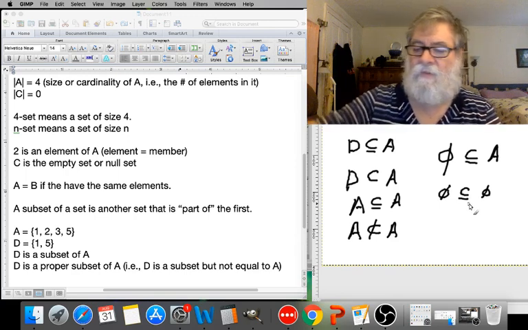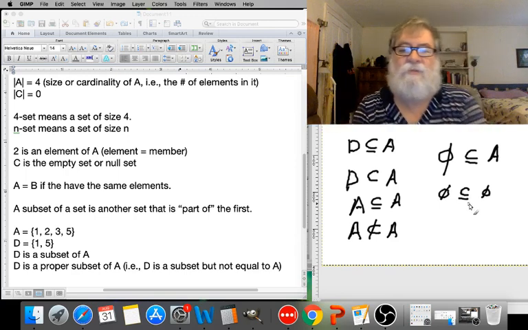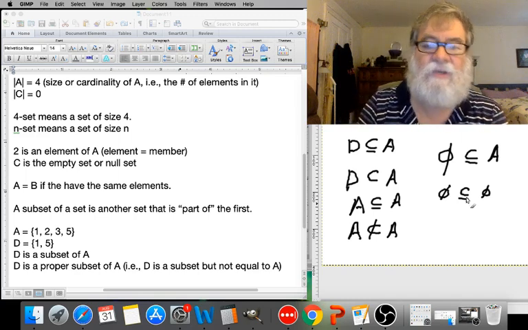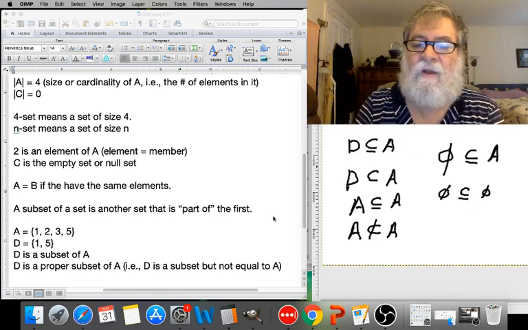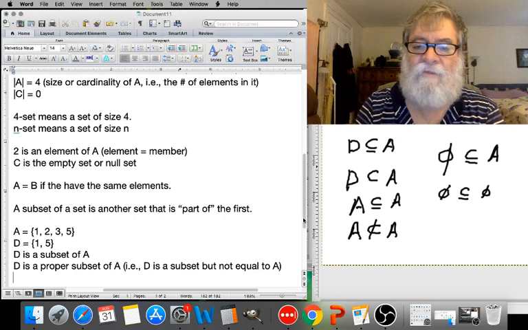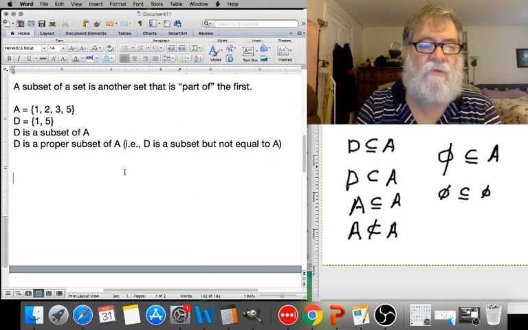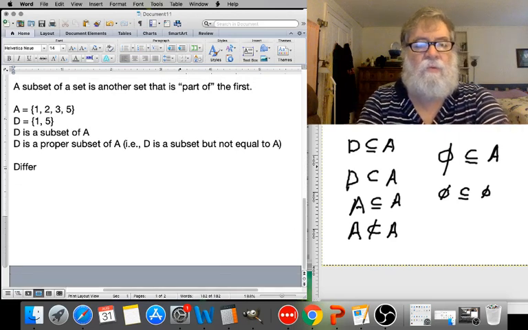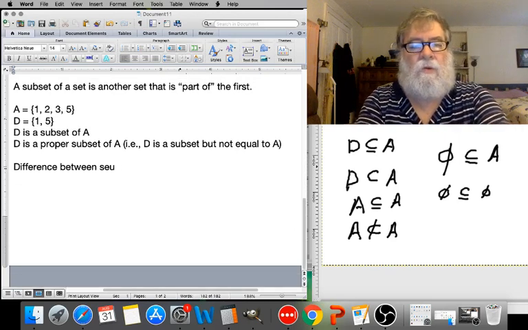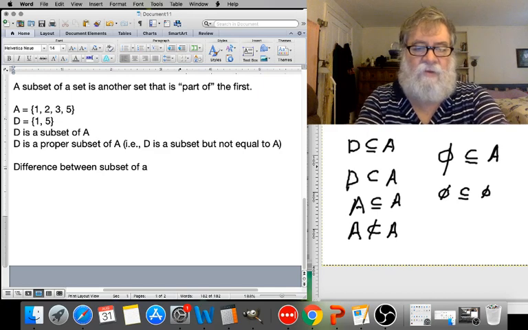Okay. So the null set is a subset of everything. Everything's a subset of itself. Please notice the difference between subset of and element of.